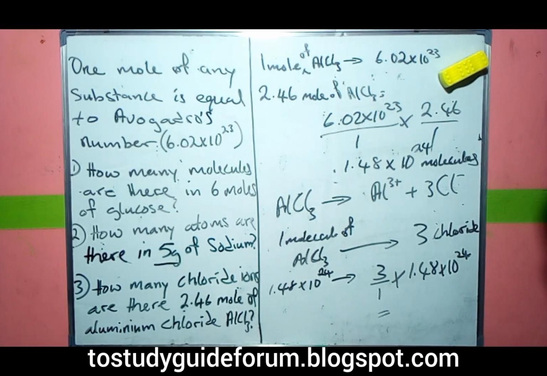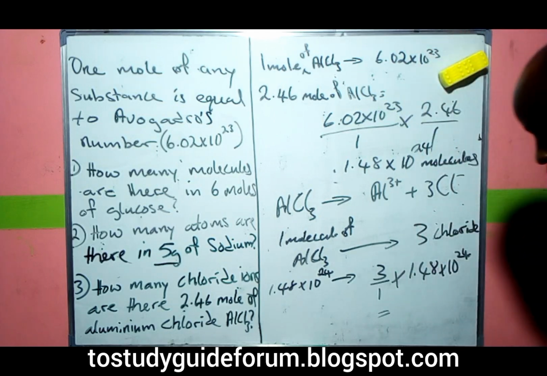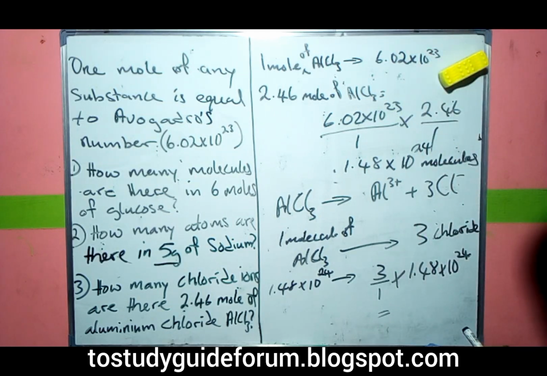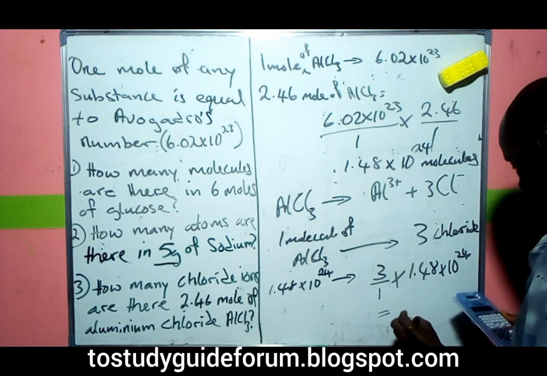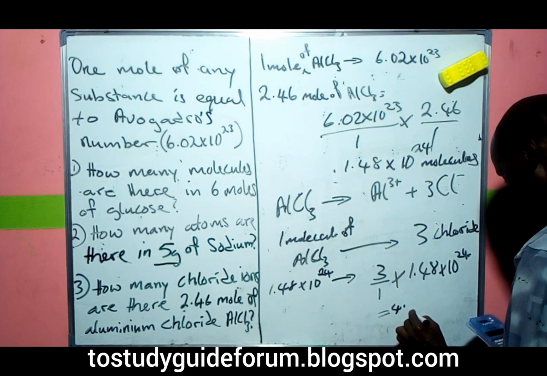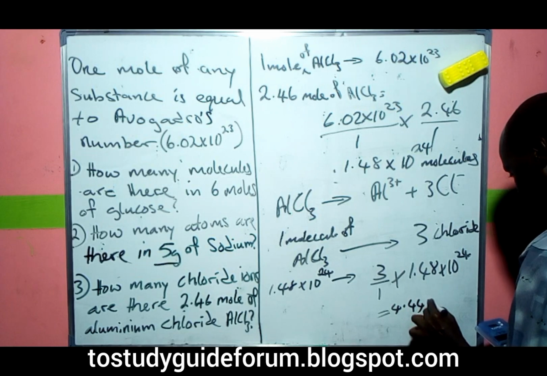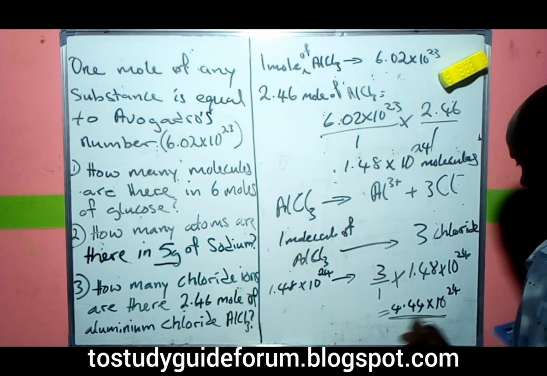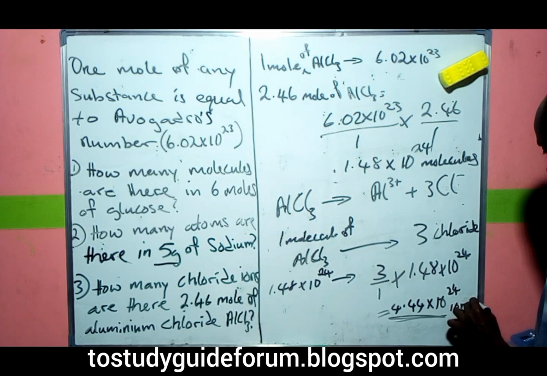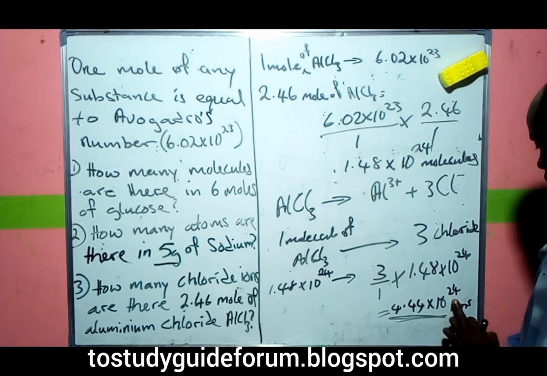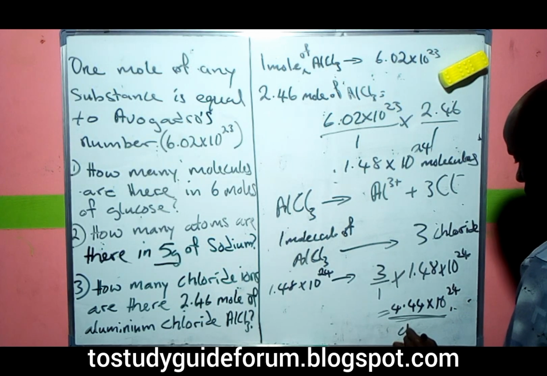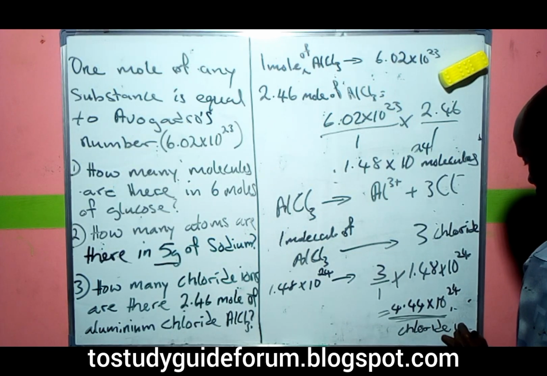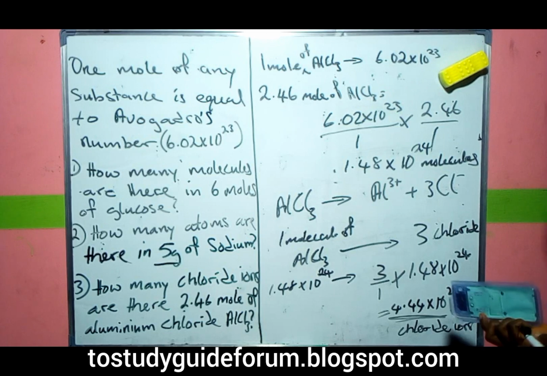So if we multiply through by 3, what we have here will be 4.44 times 10 raised to the power 24 chloride ions.